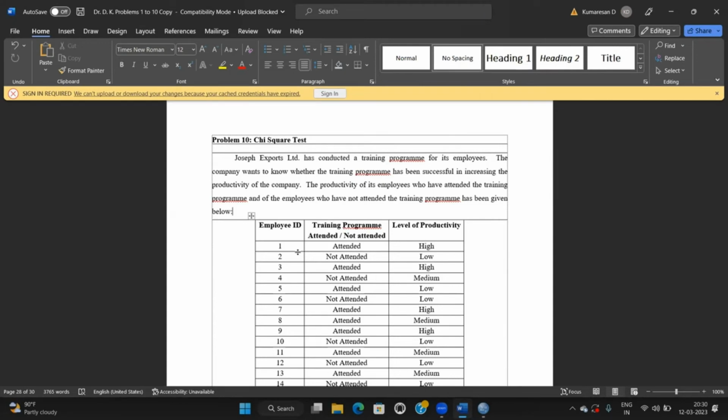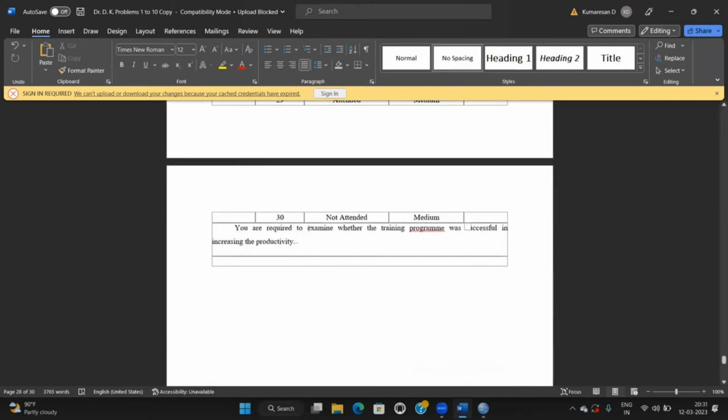Okay. So here, what is the question? You are required to examine whether the training program was successful in increasing the productivity. If the question is asked like that, and the data is given as ordinal data, the samples are divided as attended, not attended, taken, not taken, then we have to apply chi-square test.